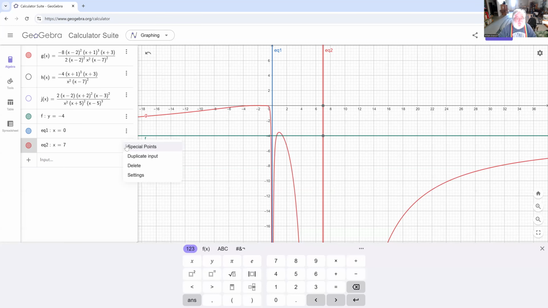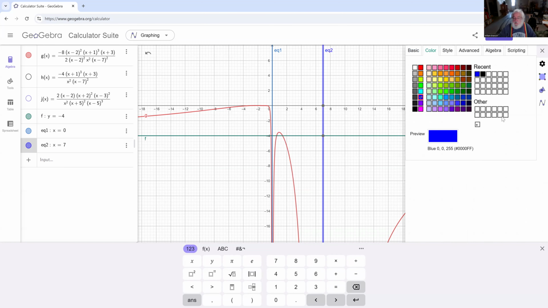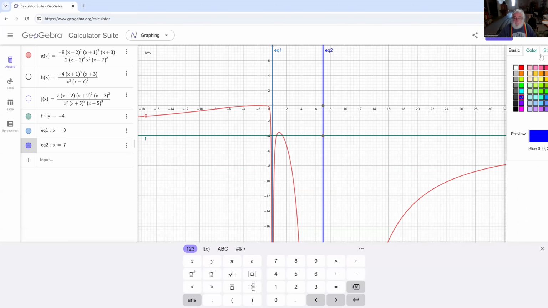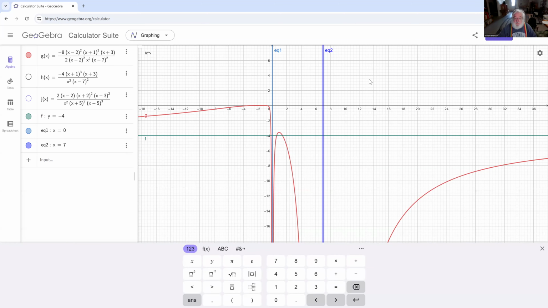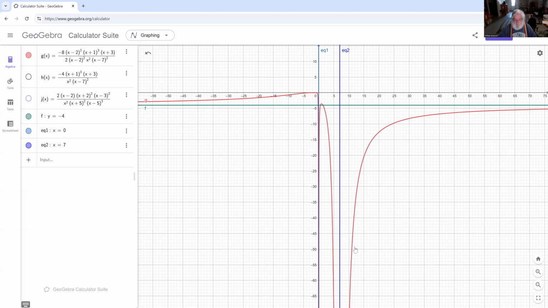We should probably make that blue as well. There's our two vertical asymptotes. If you zoom out a little bit, you can see that they're going down there. Since they're even vertical asymptotes, we have the same sign on both sides. These y values are both negative there.